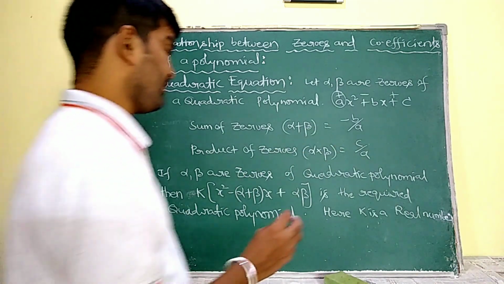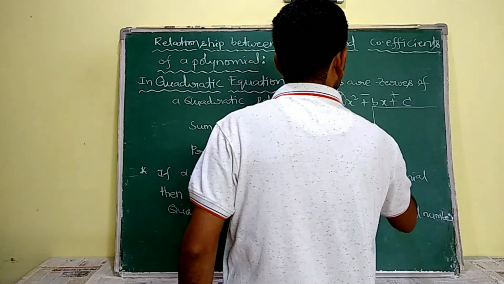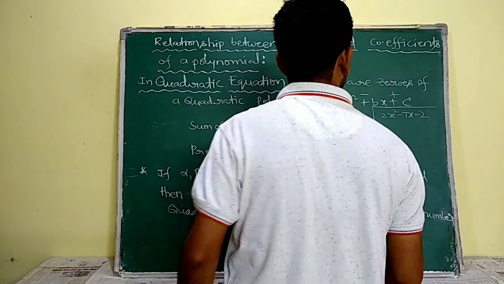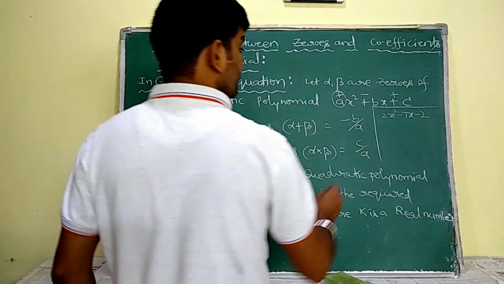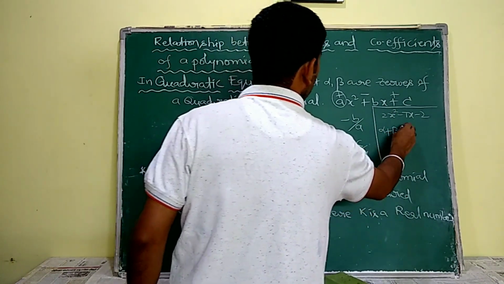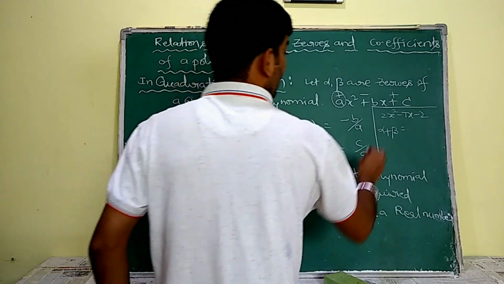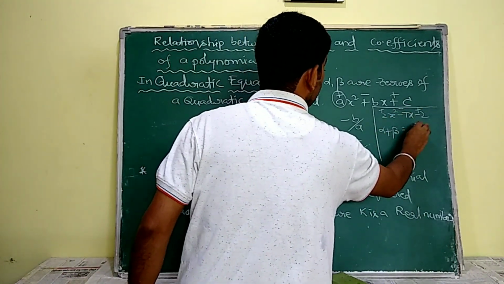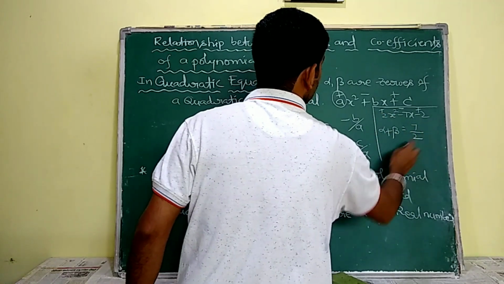Now in this way we are going to write the sum of zeros and product of zeros of a quadratic polynomial. For example, let us consider 2x square minus 7x minus 2 as a quadratic polynomial. Let us suppose its zeros are alpha, beta. Then sum of zeros alpha plus beta is equal to minus of minus 7 by 2.